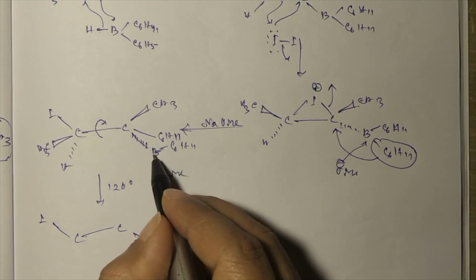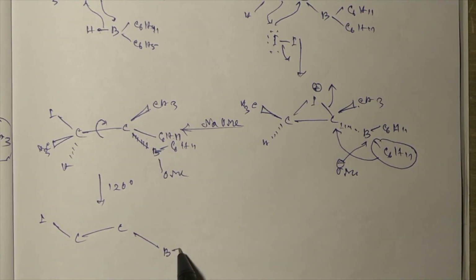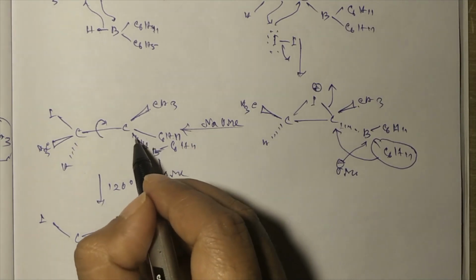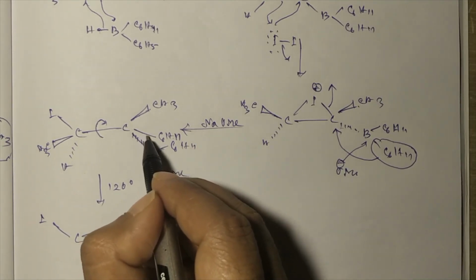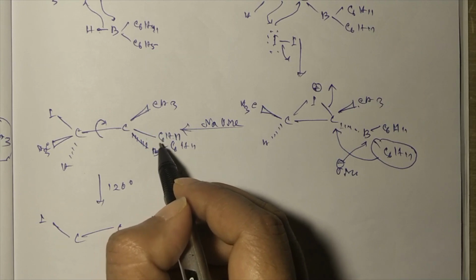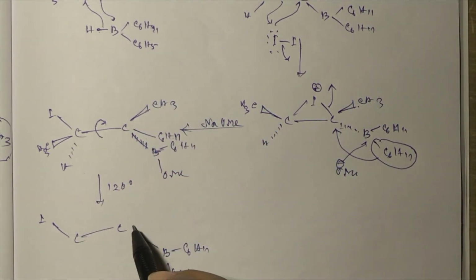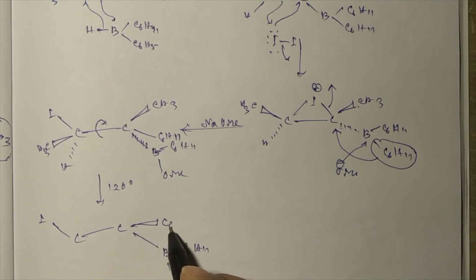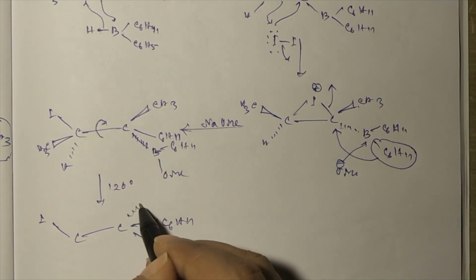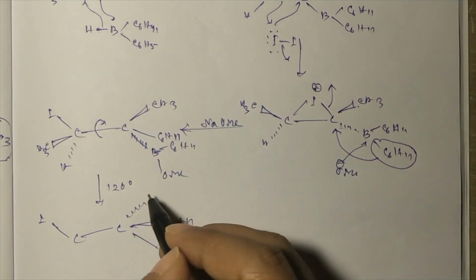So this B(C6H11)2 OMe will come in plane, so what was in plane will go above the plane. If we rotate in the clockwise direction, then this will go above the plane, and the CH3 which was above the plane will go below the plane.